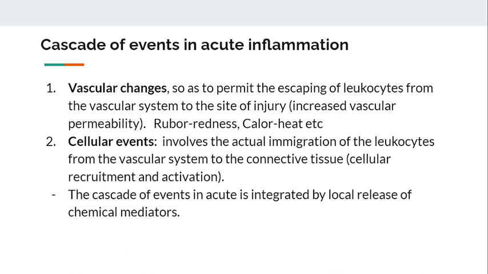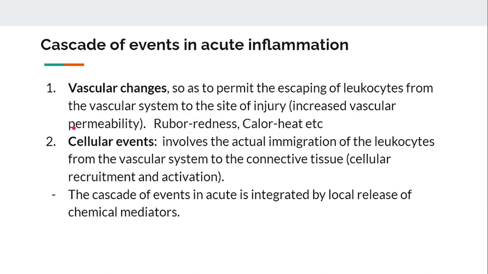Okay, so vascular changes of inflammation, they just permit the escape of leukocytes from the vascular system to the site of injury, increased. This is due to increased vascular permeability. So yeah, you experience rubor, you experience redness.